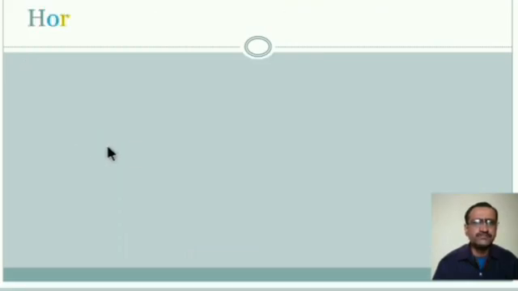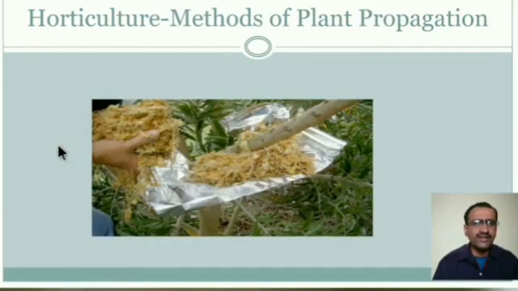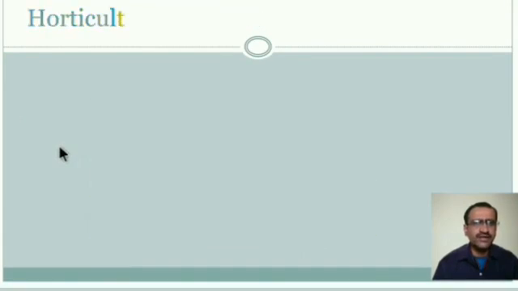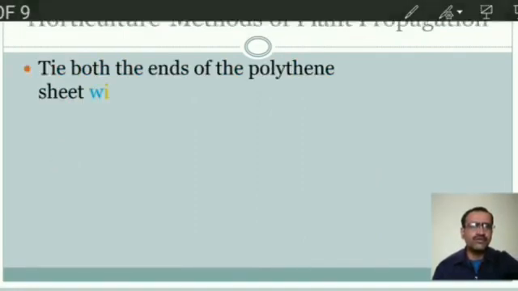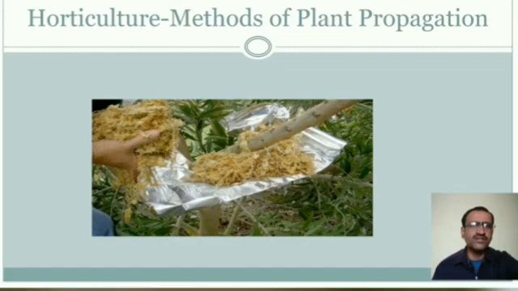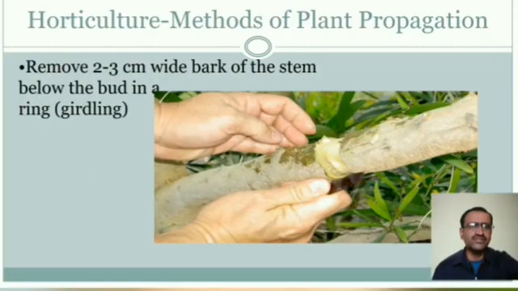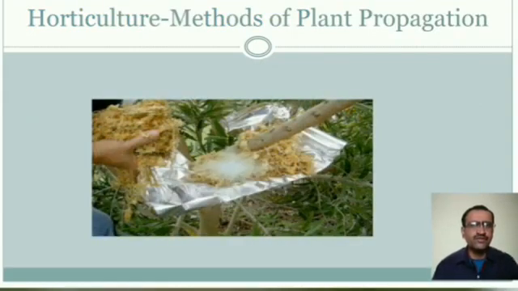After that, some growth regulator is applied first. Some growth regulator at a specific concentration can be applied, that is nothing but gibberellin or auxin.